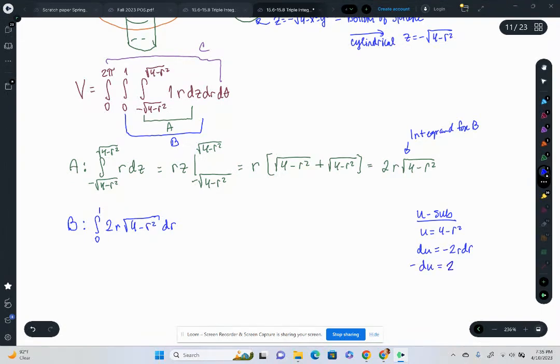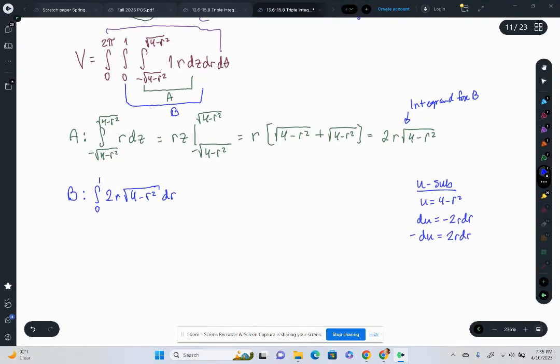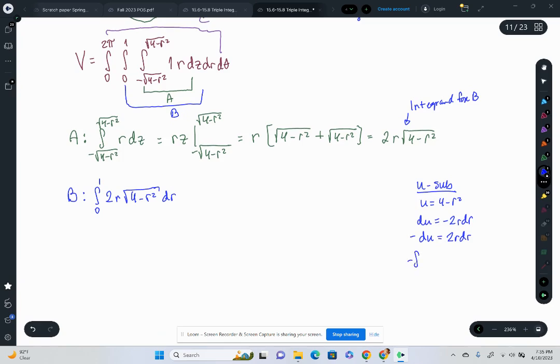Negative du will replace 2r dr. So now I'm looking at the negative integral of u to the 1/2 du, which gives us a negative 2/3 u to the 3/2 power. Okay, so I plug that in. I've got negative 2/3 times, instead of u, I'm putting in 4 minus r squared raised to the 3/2 power, going from 0 to 1.